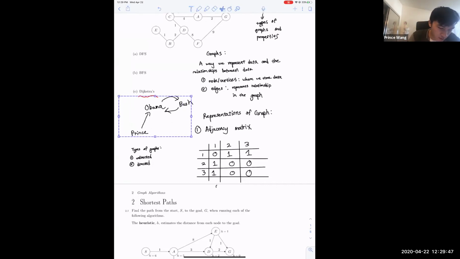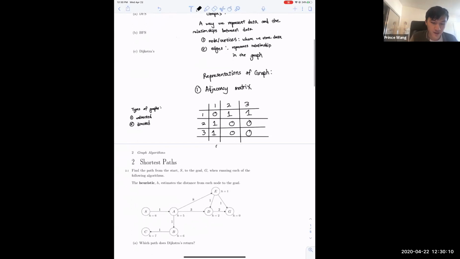Another example you might be familiar with is links between websites. If I have a hyperlink from one website to another, that represents a directed edge from that website to the next. But the next website might not have a link that goes back to the original website. So those are examples.